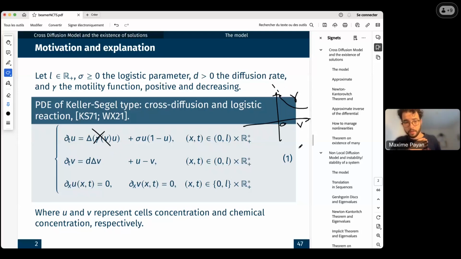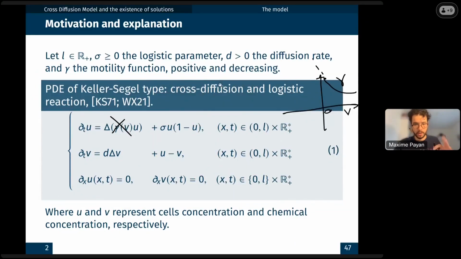We have a very high diffusion rate for U, and it means that when V is nowhere, U just spreads in the environment very, very quickly. So we have just this. That is the explanation of the model.